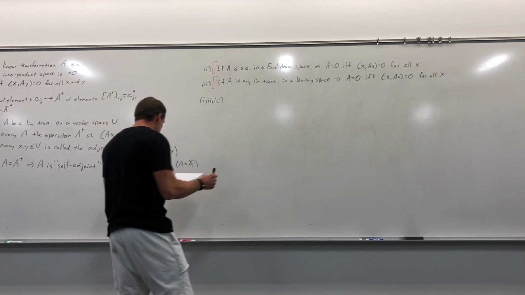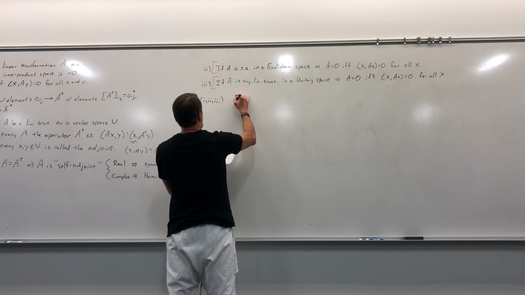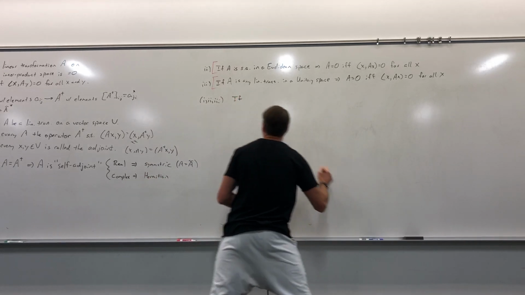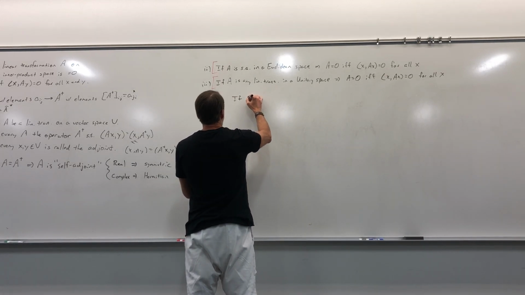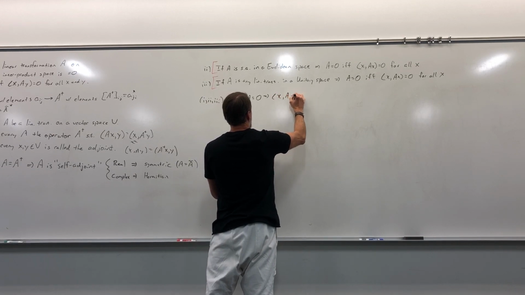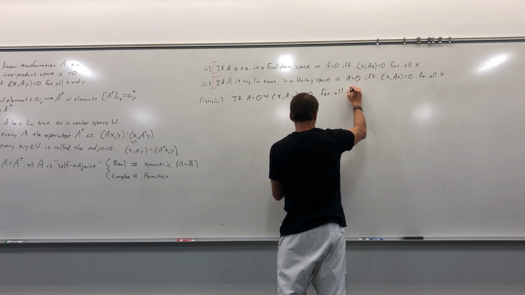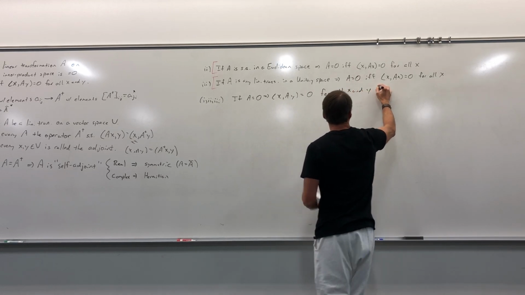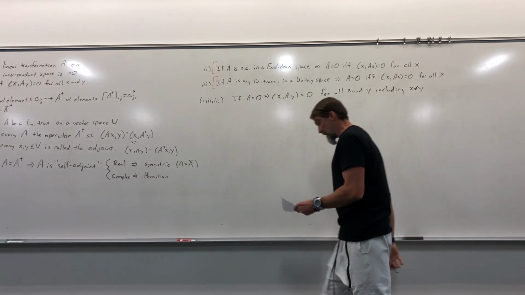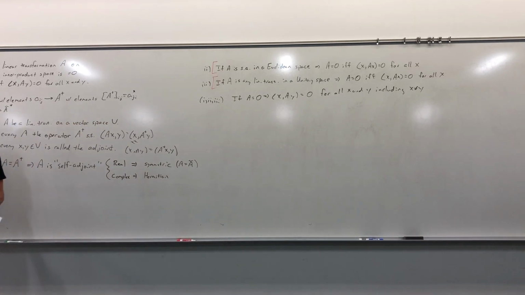For all three of these, to prove necessity, all we have to do is note: if A equals 0, then the inner product of x and Ay equals 0 for all x and y, including the cases when x doesn't equal y.